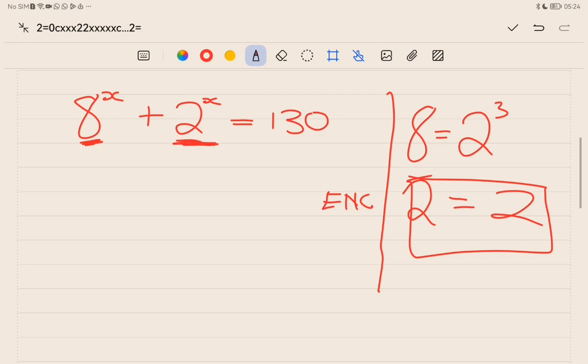But as for 8 to the exponent x, we must change it. The 8 must be replaced by 2 to the exponent 3. Firstly, we're going to put a bracket in the place of 8, then rewrite the whole other thing the same way. Then we're going to substitute 2 to the exponent 3.